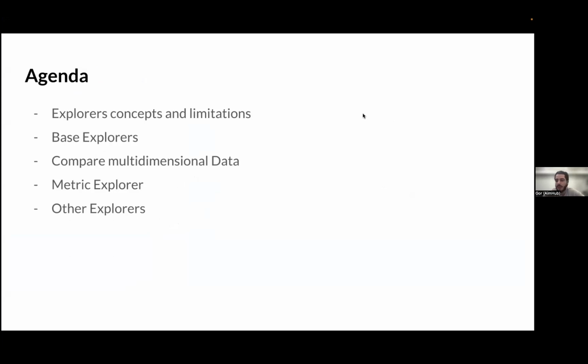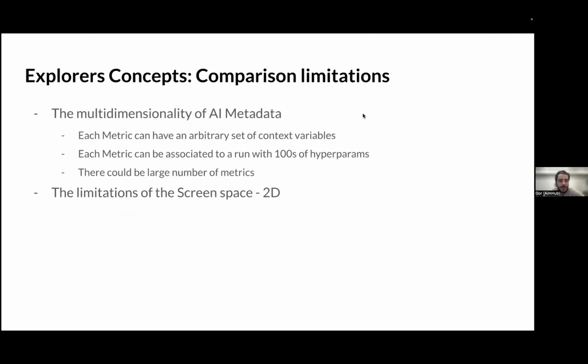We will have a deep dive into the AIM Base Explorer and learn how it works. We will go through comparing multidimensional data, and we'll look at metric explorers and also the other explorers that AIM enables. So this is today's agenda, and let's move forward.